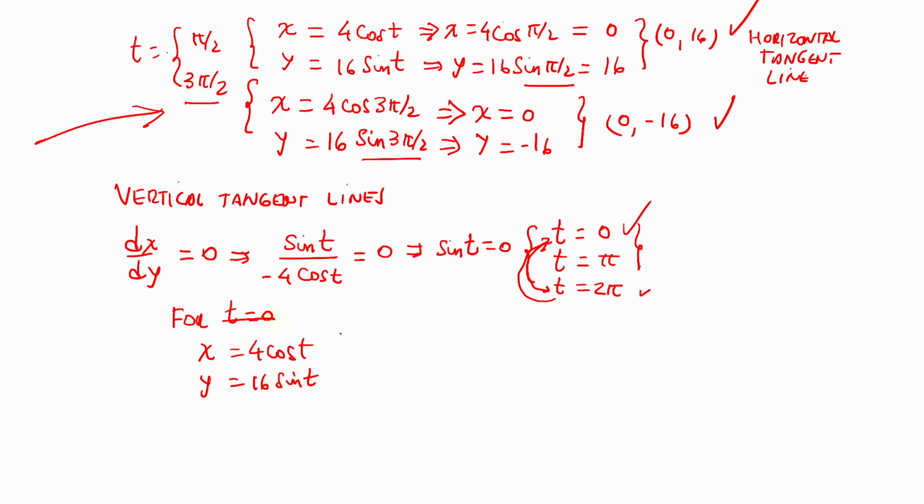So for t equal to 0, 4 cosine of 0, since cosine of 0 is 1, this will be 4. And then 16 times sine of 0, but sine of 0 is 0, times 16 will be 0. And then the ordered pair will be 4, 0. And at this point, we'll have a vertical tangent line.